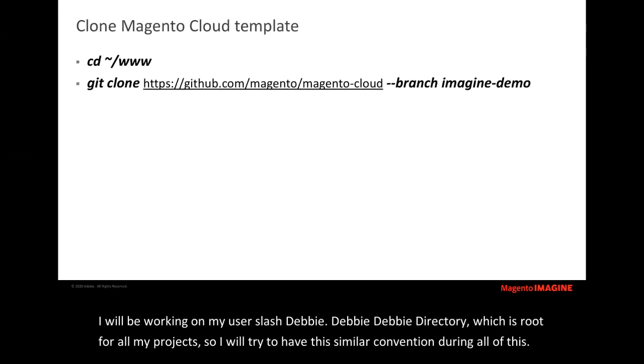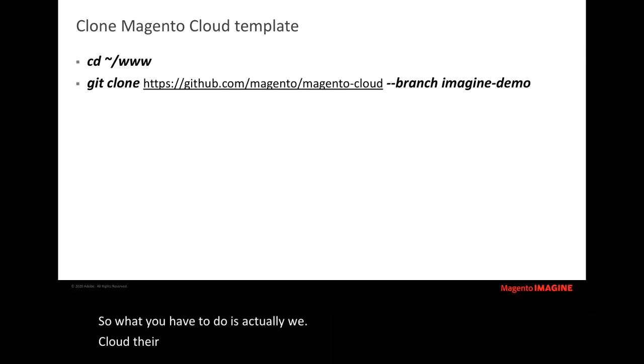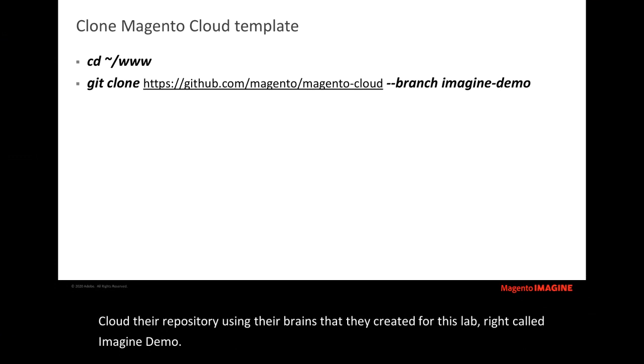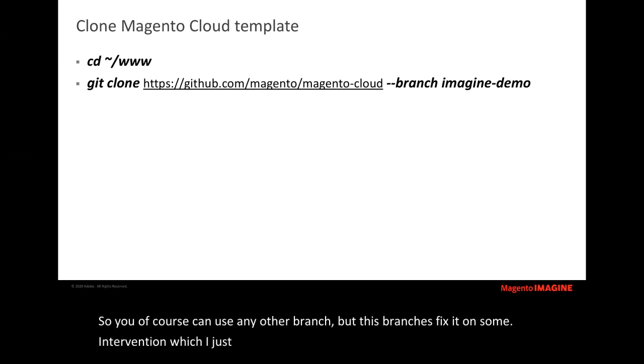What we will have to do is clone the Magento Cloud repository using the branch that I created for this lab. It's called Imagine Demo. You, of course, can use any other branch, but this branch is fixed on a Magento version which I tested heavily, and it also has the MFTF framework in the composer dependencies.